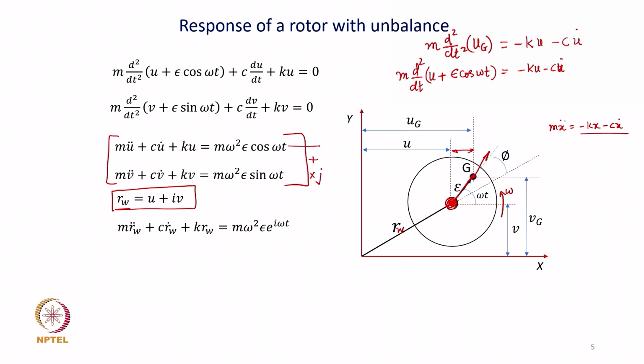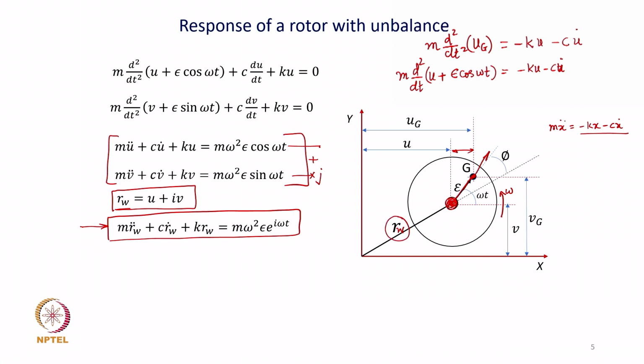So, this equation plus j into this equation, and then using R w equal to u plus j v, I will get this particular expression. So, you can combine them using complex notation, and that is basically a single governing equation of motion, quite similar to what we started with in the earlier case. R w just indicates that it is a whirl radius.